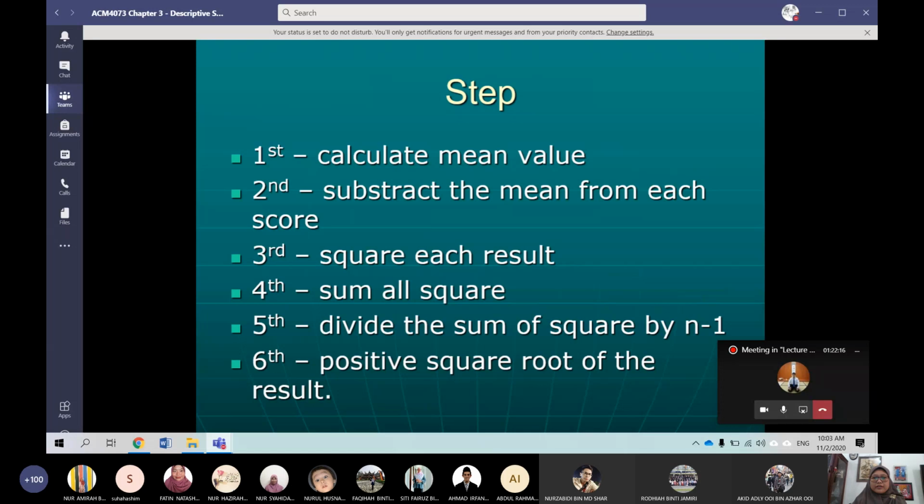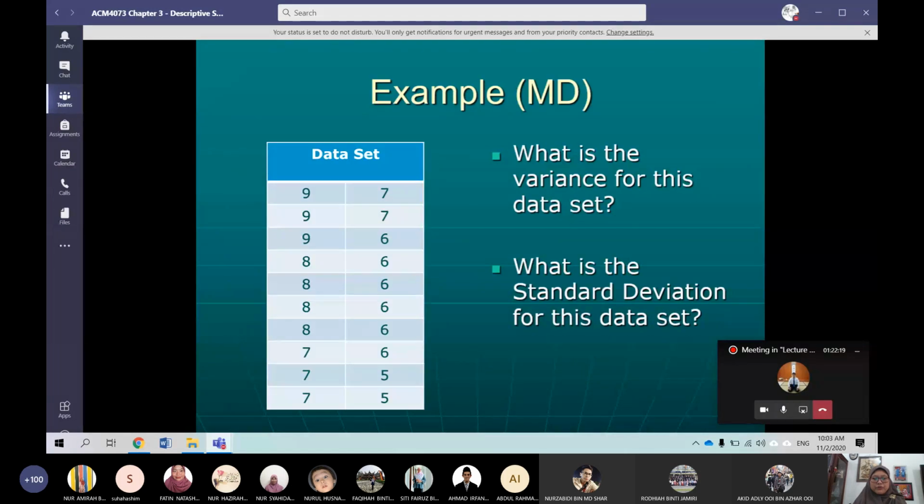We add them all up: 9 plus 7 plus 9 plus 7 plus 9 plus 6 plus 8 plus 6 plus 8 plus 6 plus 8 plus 6 plus 8 plus 6 plus 7 plus 6 plus 7 plus 5 plus 7 plus 5.